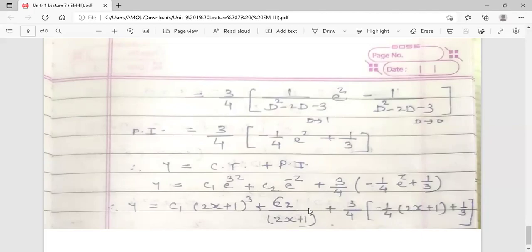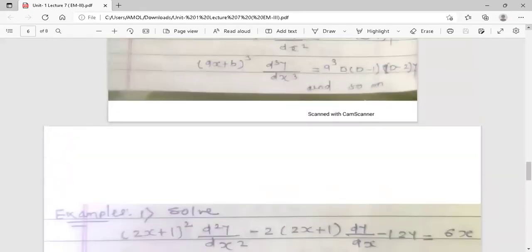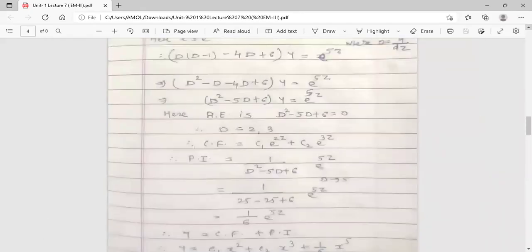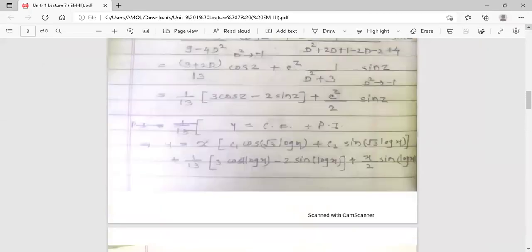Similarly, you have to replace the terms of z by the substitution, in terms of x. In Cauchy's equation also, we solved one example, and in that equation also you have to replace in the last step.